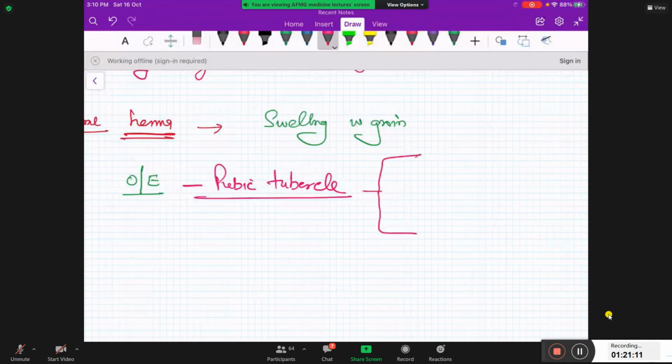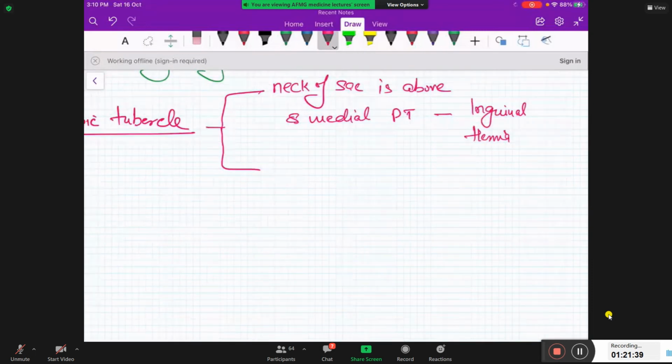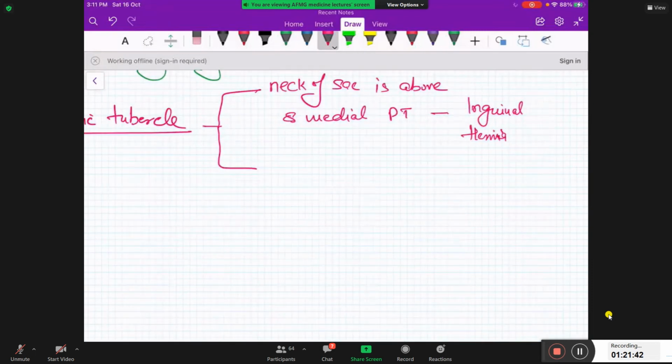How? If the neck of the sac is above and medial to the pubic tubercle, it is an inguinal hernia.